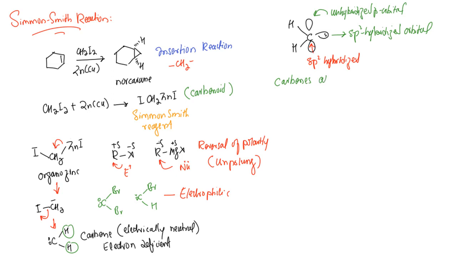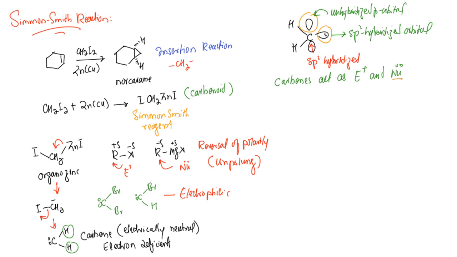Usually it acts as an electrophile due to the presence of an unhybridized p orbital, which makes it electrophilic in character, and as far as the lone pair of electrons present in one of the sp2 hybridized orbitals, it makes the carbene nucleophilic.